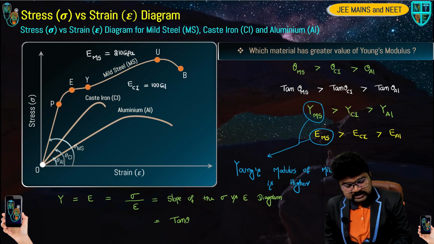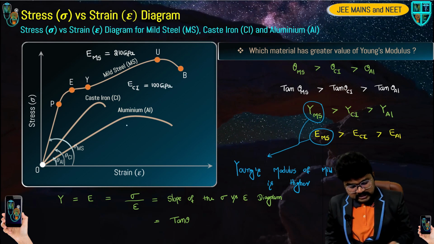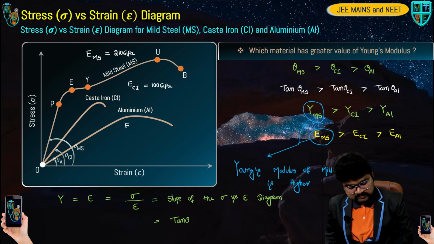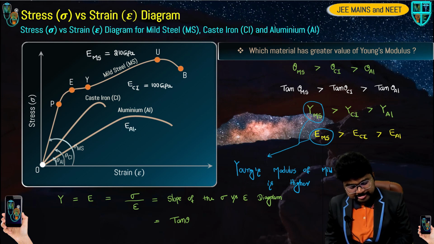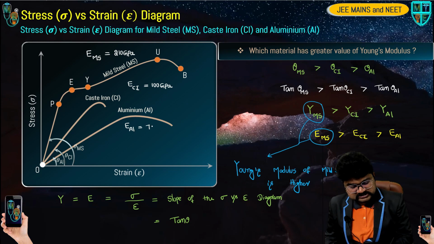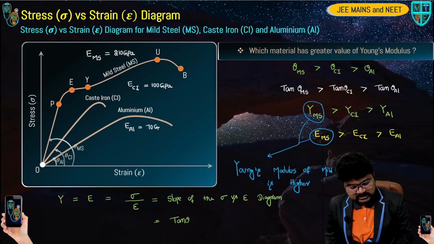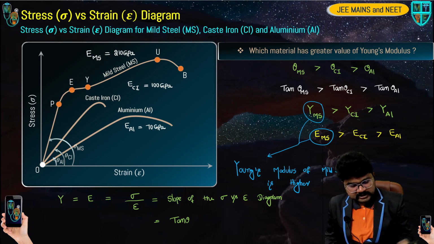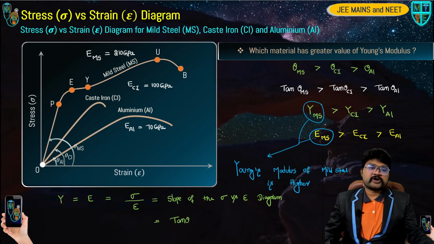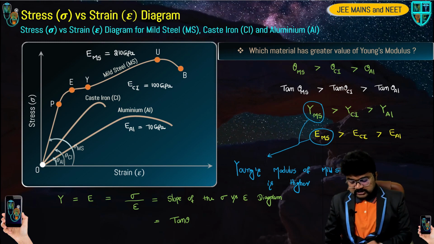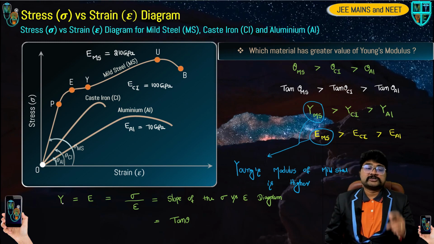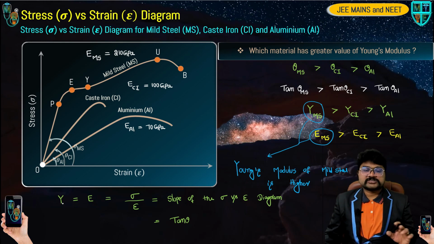Young's modulus of aluminium is 70 gigapascal.